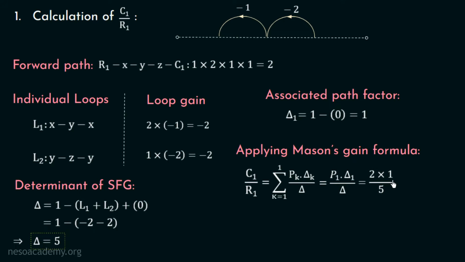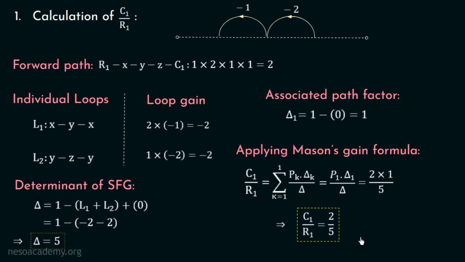The value of associated path factor delta 1 is equal to 1. And the value of determinant of SFG delta is equal to 5. Solving this, we will have the overall transfer function C1 over R1 equal to 2 over 5. And this is the first transfer function, which is C1 over R1, keeping C2 and R2 equal to 0.